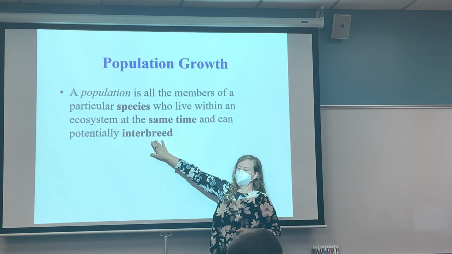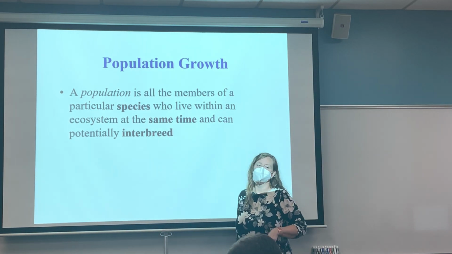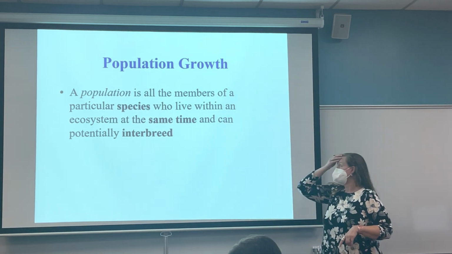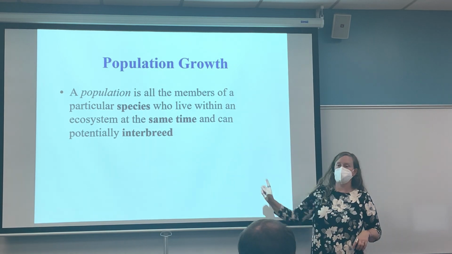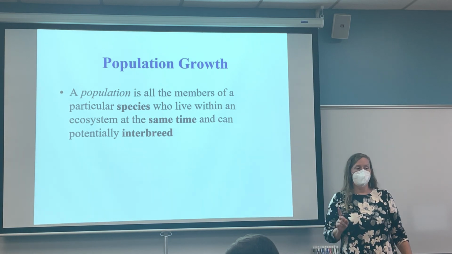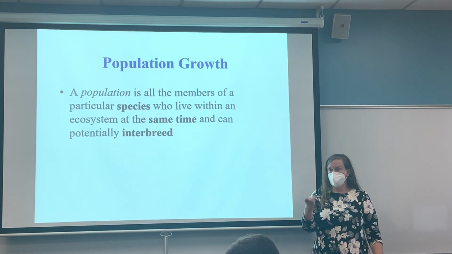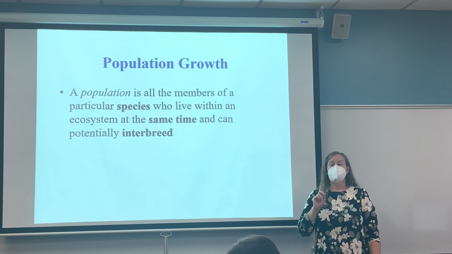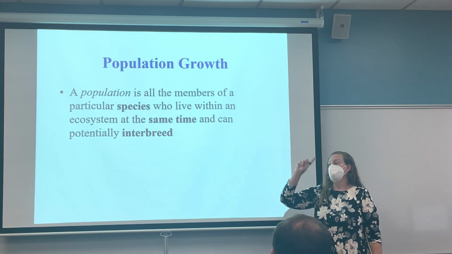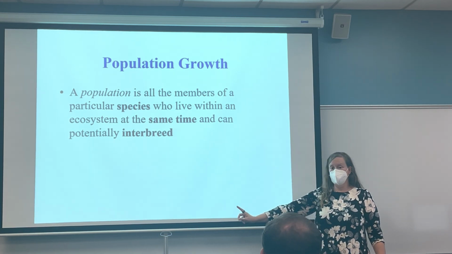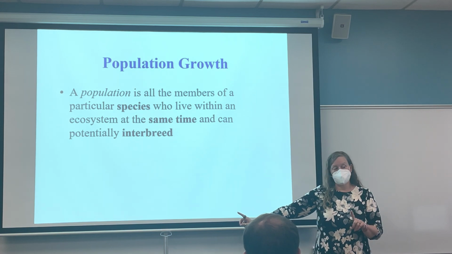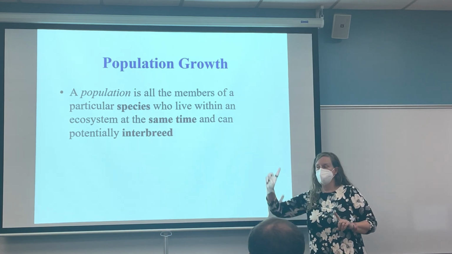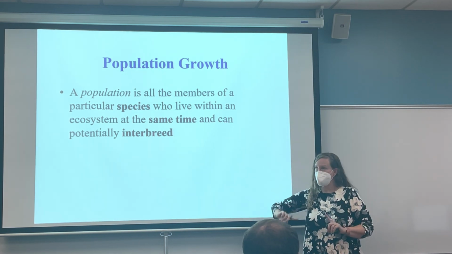This is a really key thing. We'll get into more of this when we talk evolution next. But the potential to interbreed means that anybody in this group who are the same species can mate and have offspring who survive. Not just the offspring survive, but their offspring can also make offspring.